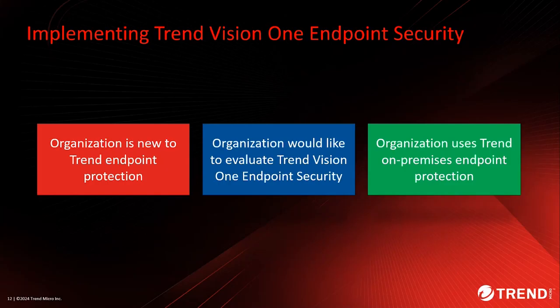This connection allows you to forward security events and telemetry from your endpoints to Trend Vision One, thereby enhancing your visibility and control over security threats without a full-scale migration. This method is particularly useful for organizations that need more time to plan their cloud strategy or have specific regulatory requirements that dictate a gradual transition.